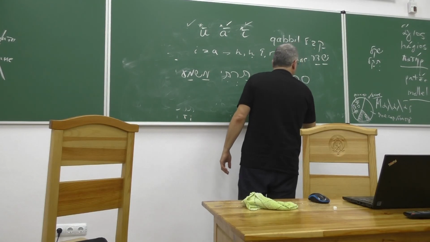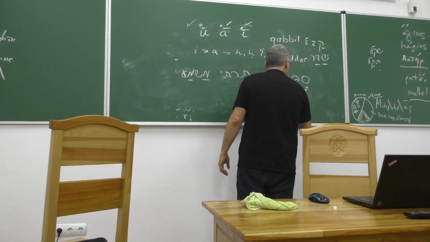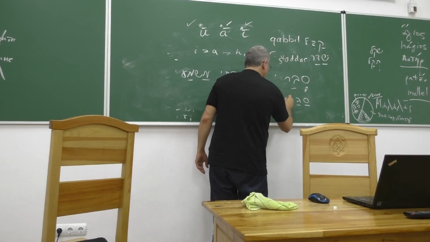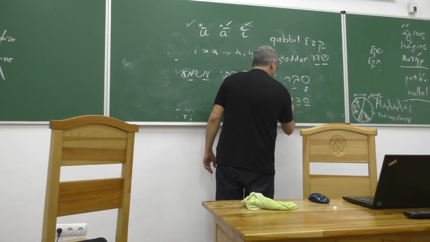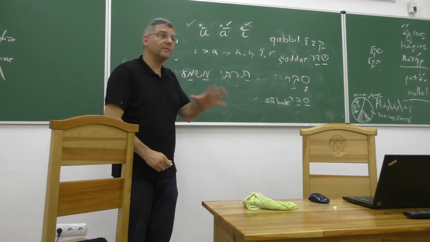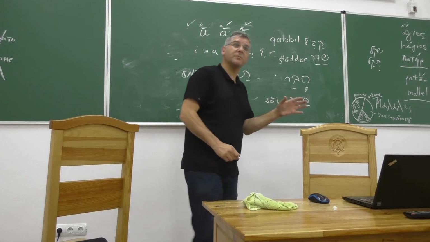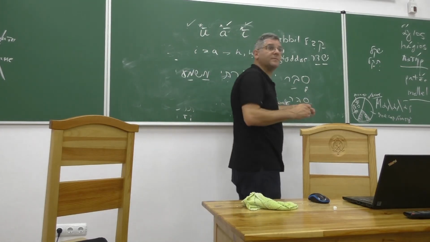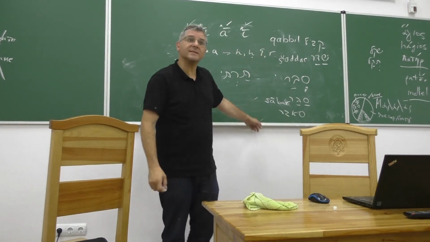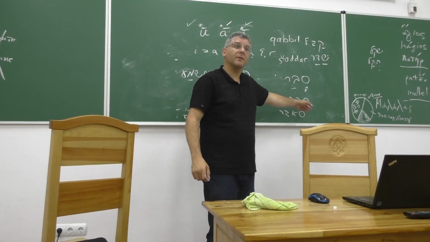Or it can be savar, he thinks. In some cases, in the early manuscripts, the scribes will be nice and they'll add the aleph here to tell us that that's savar and that one is savar.